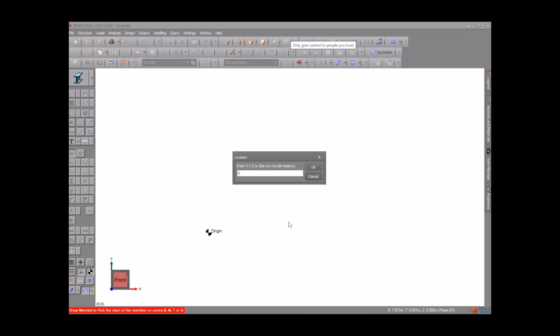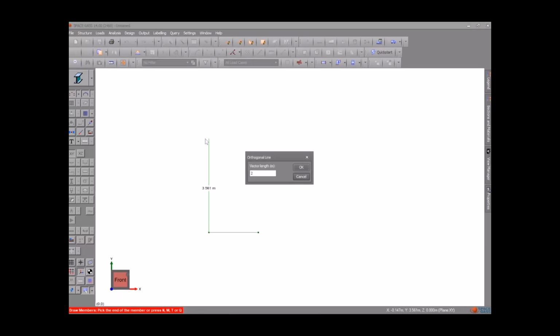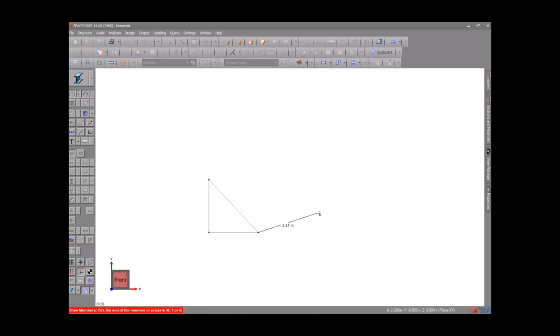Let's put 0, enter, and we have 2 meters, and from here we can draw members, touch it here, and we have 2 meters, and we can close it off. This one, escape key.